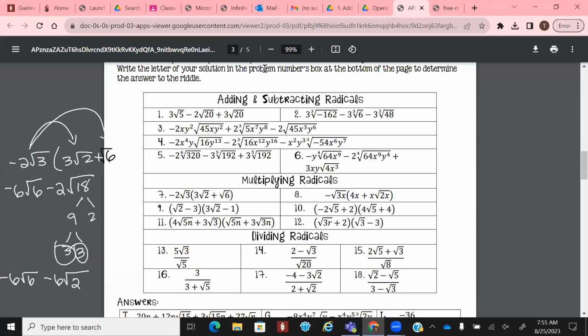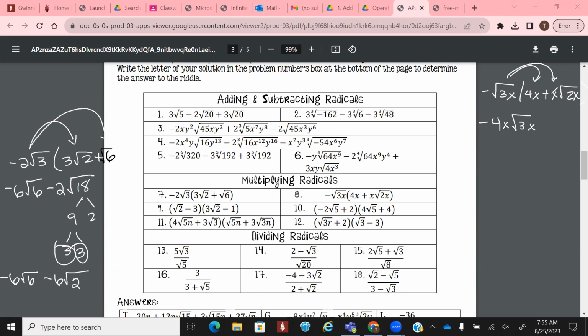On number 8, we've got negative square root of 3x times 4x. Okay, I'm gonna write all this up here. So, I'm gonna take -1 and multiply it times 4x. That's gonna give me -4x square root of 3x. Cool.